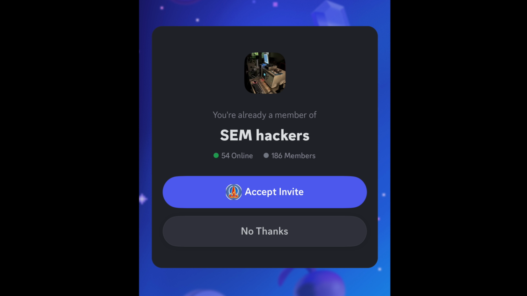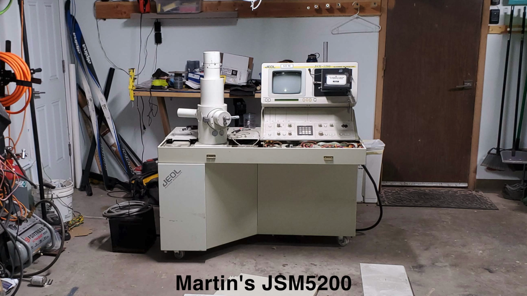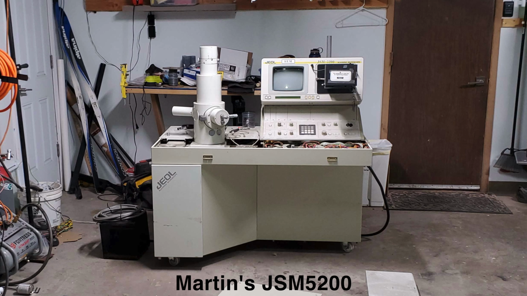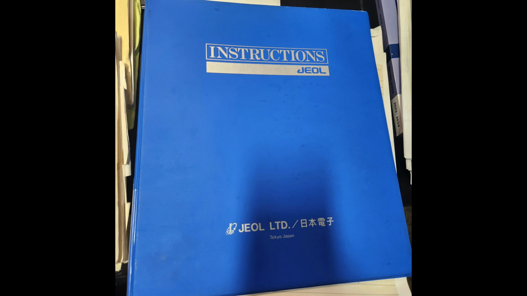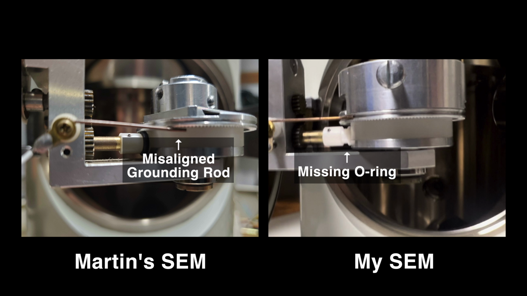During that process, I managed to find this Discord channel of hobbyist SEM owners, and even found a couple of people, Martin and Monochroma, who were also fixing up their very own JSM 5200s. What incredible luck! I shared my manuals and schematics with them, and from then on, when something was not behaving correctly on one machine, we could leverage the other machines as a reference and more easily understand what needed to be fixed.